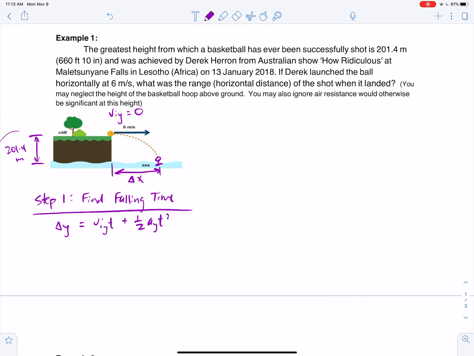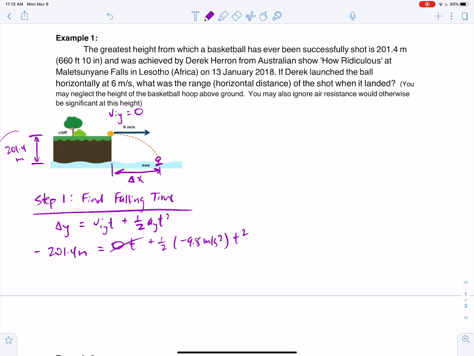So this falling distance of 201.4 meters, I'm going to call that negative because the ball is moving down. The initial vertical velocity when Derek shoots the basketball is 0. He's just pushing it outwards. When I multiply that by time, that whole term goes away. And then the vertical acceleration, 9.8 meters per second squared, and then the time. So the right side becomes negative 4.9 t squared.